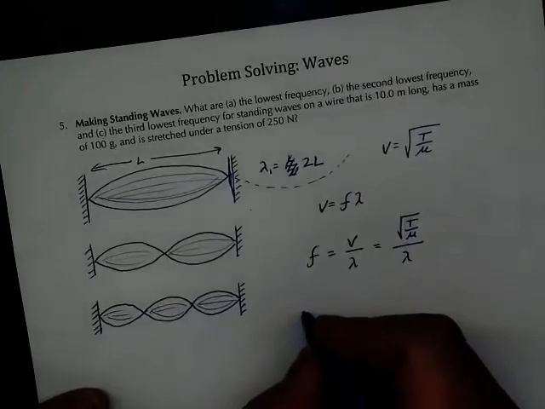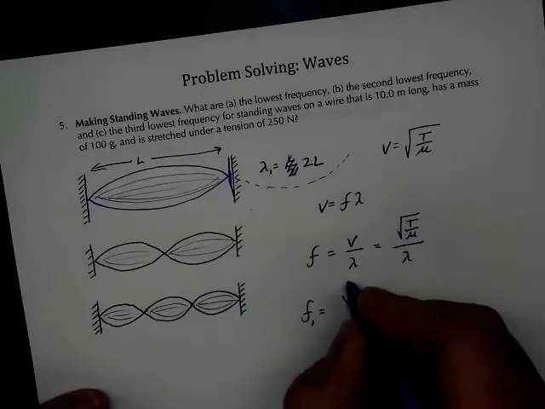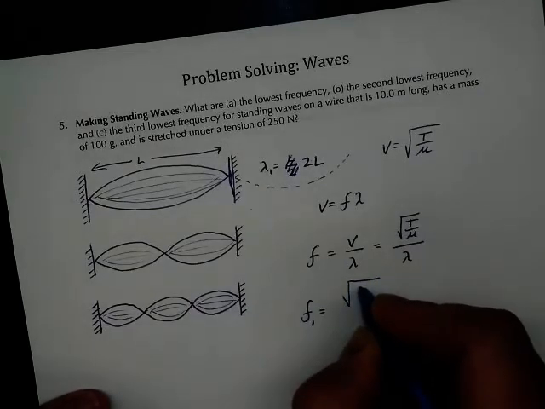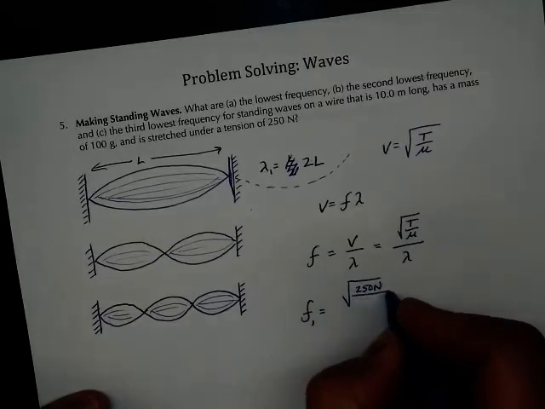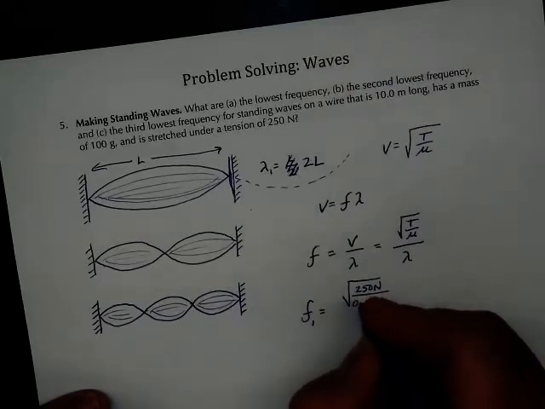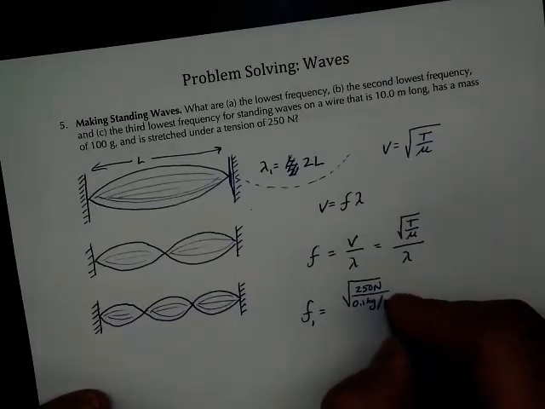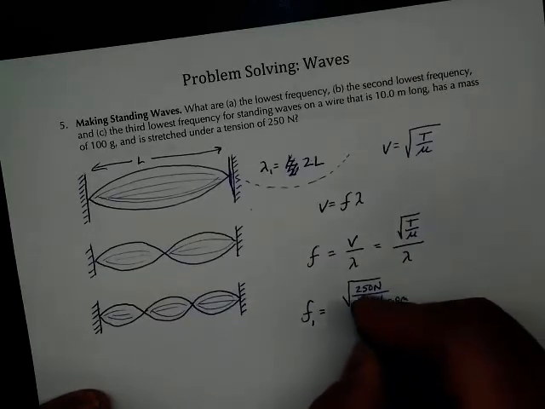mode. So the frequency of mode 1 is going to equal the square root of, okay, let's see, tension, we have 250 newtons. Mass density, well, I have a mass of 100 grams, so that's 0.1 kilograms divided by the full length here, which is 10 meters for that string.